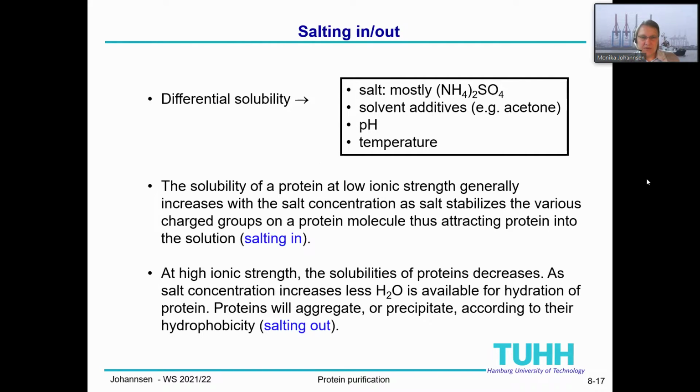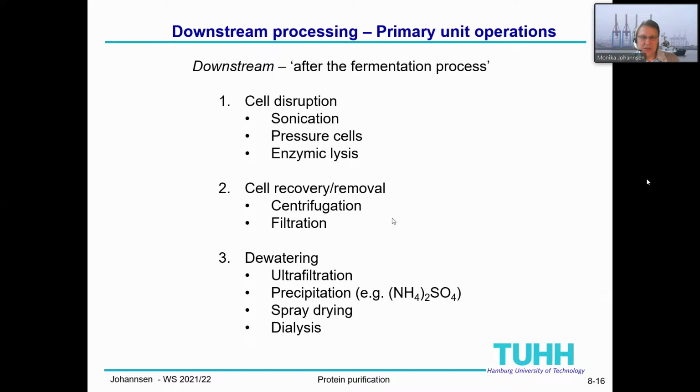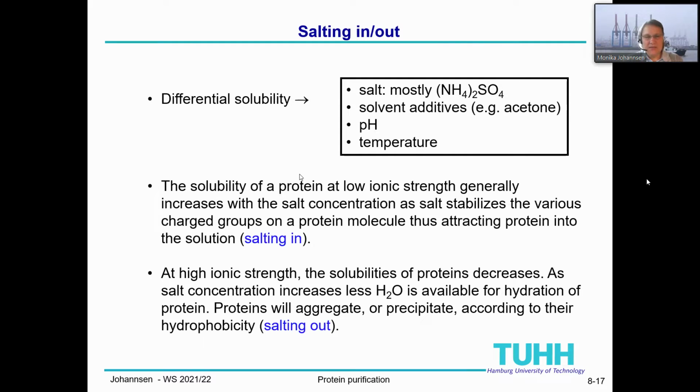Let's think about this precipitation here. What is this? So usually the solubility of proteins depends on, among other things, the salt concentration in the solution. Yeah, it also depends on solvent additives, pH, and temperature, for example.